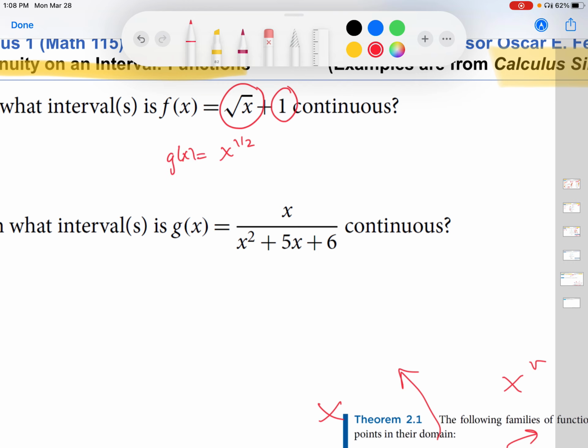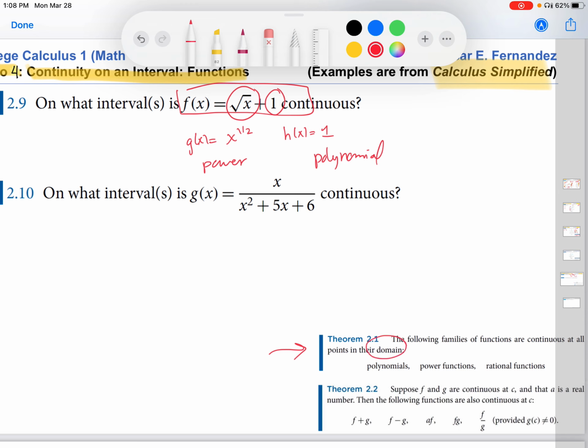Now the first theorem kicks in and says, great. If we can find the domain of these functions, then the functions are continuous at all points in that domain. So what is the domain of this power function? For the domain of square root of x, I have to think about which numbers I can substitute for x so that nothing goes wrong mathematically.